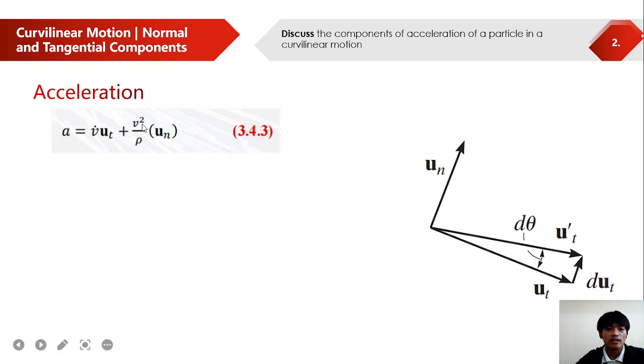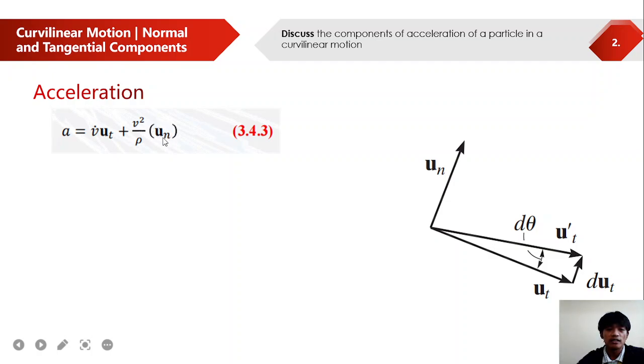Bakit naging v squared to? Kasi nga, kanina may v pa yun eh. So, kasi pag-solve ng acceleration natin is a is equal to the first time derivative of v times u sub t plus v times u sub t dot, or first time derivative of u sub t, no?